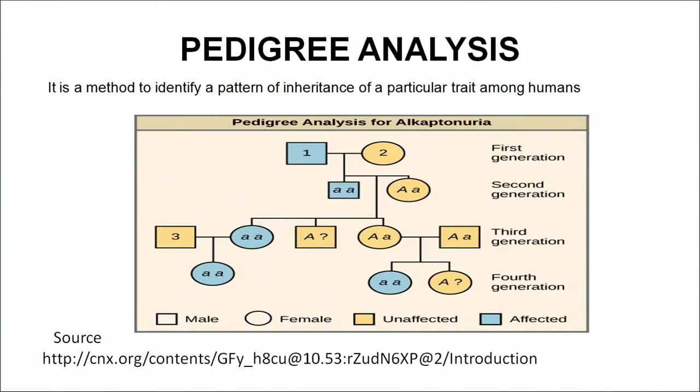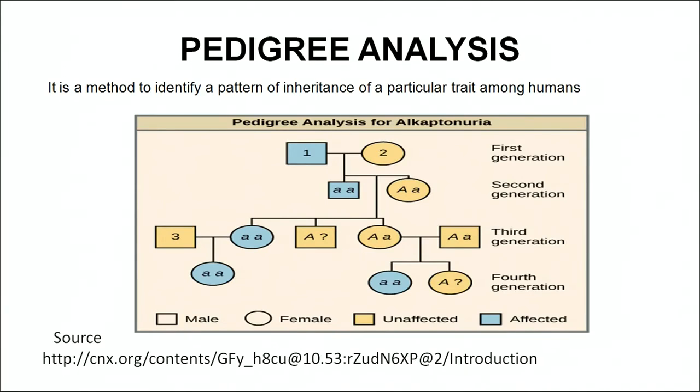And this work of genetic counseling is done by pedigree analysis. Pedigree analysis is a method to identify a pattern of inheritance of a particular trait among humans. How do we do pedigree analysis?